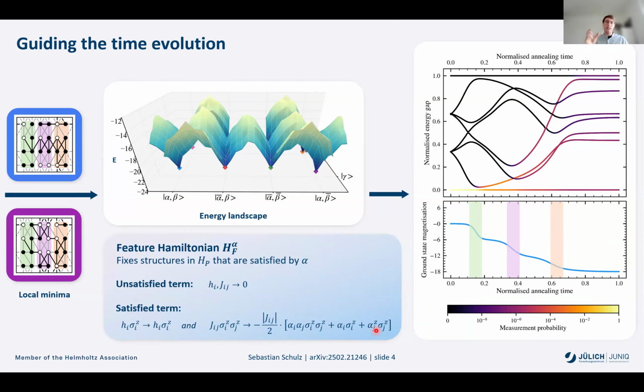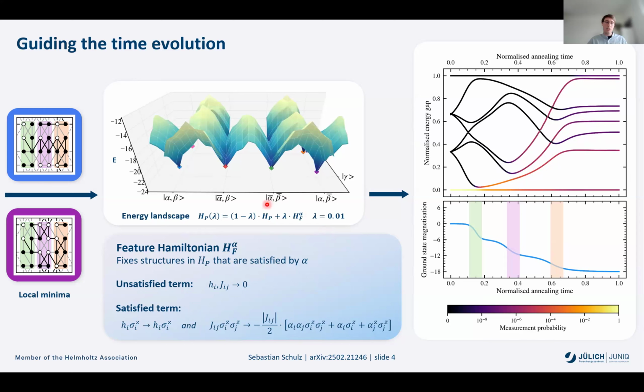So usually they can be satisfied in both orientations, so alpha I and alpha J, and both qubits flipped. By adding these biases, we make it such that this term here only gives us a negative energy contribution, so it can be satisfied only if both qubits I and J are in this configuration alpha I and alpha J. And what I will show you now is an interpolation where we go from the problem Hamiltonian to this feature Hamiltonian.